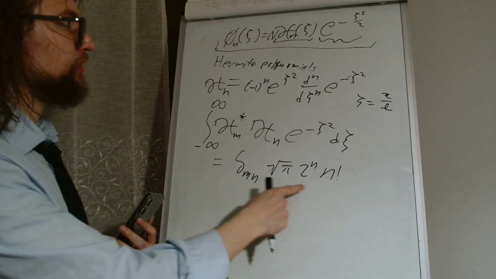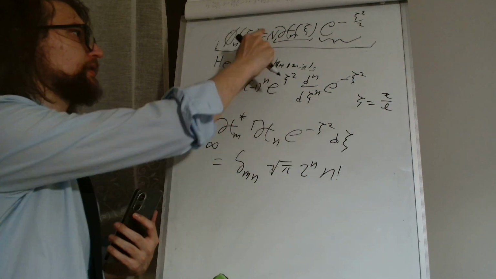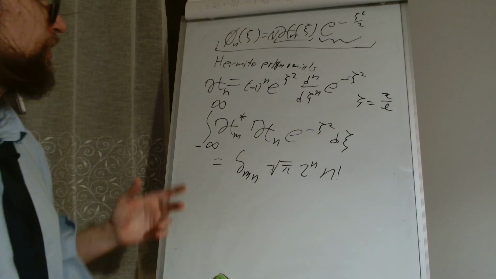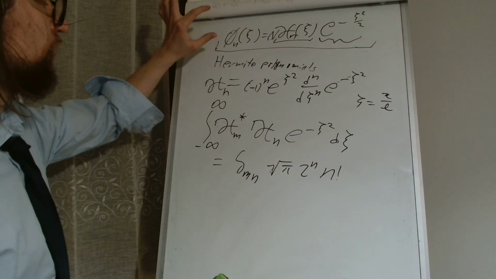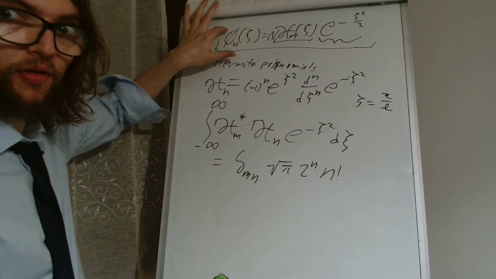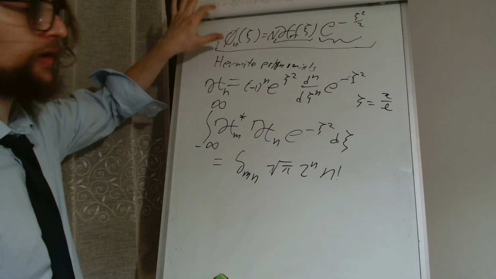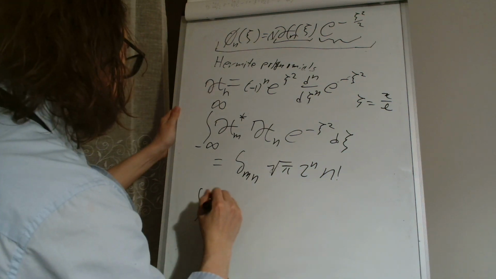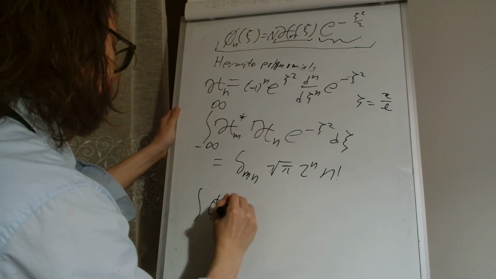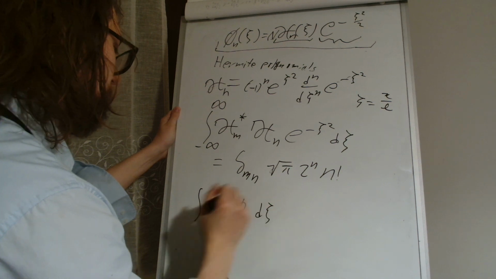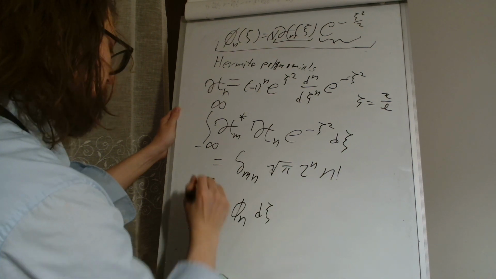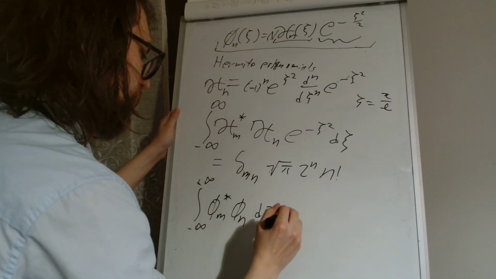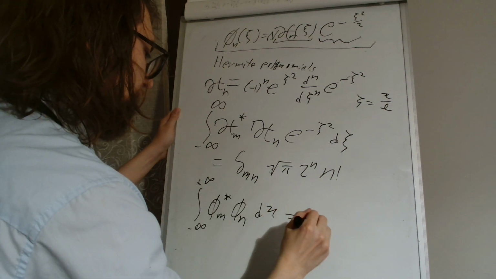Now this is going to be useful to find the normalization constant, because to find the normalization constant we want the product of our functions to be orthonormal in the Hilbert space, which means we want the integral from minus infinity to plus infinity of phi m phi n dx equals delta mn.